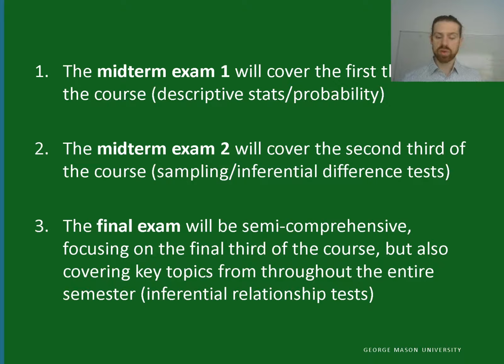So you need to make sure that you are on top of when these are going to be, and there will be given weeks in the syllabus when we expect these to take place, and I will put up an online exam for you guys to take. It will be multiple choice, but it's not easy, and you do need to prepare, and if you don't prepare and you just randomly select, you will fail, because this is a statistics class.